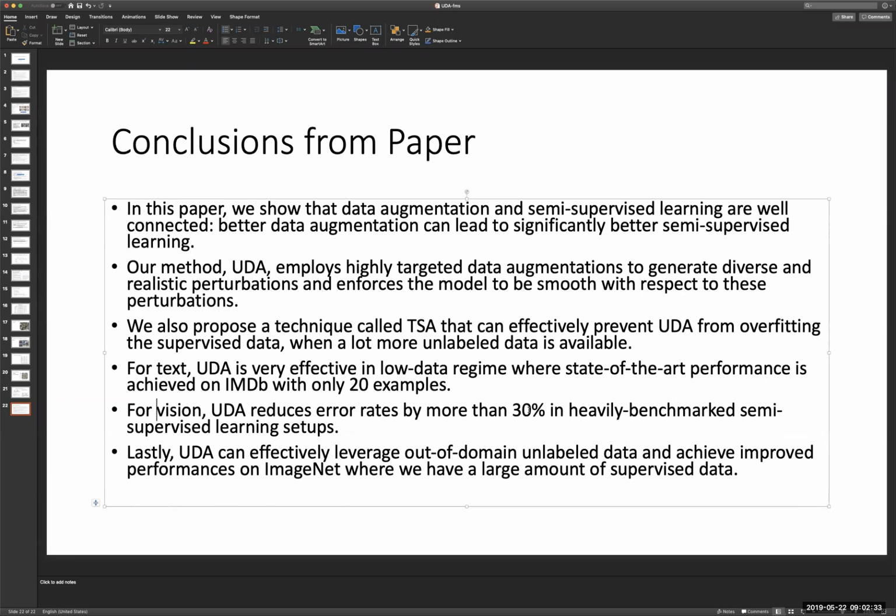And so my conclusion is that this works very well. The code for this has not been released. It will be released according to the authors. And so I think when that code comes out, it'll make some of the details that are a little bit vague apparent. But I think that, even though you're using a small amount of labeled data, you're using a large amount of unlabeled data.